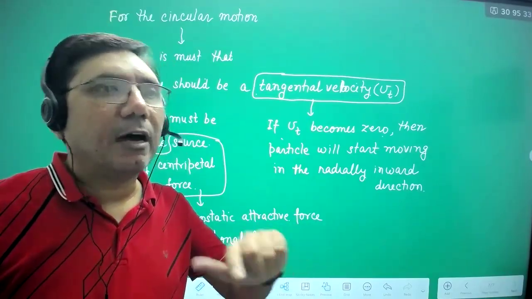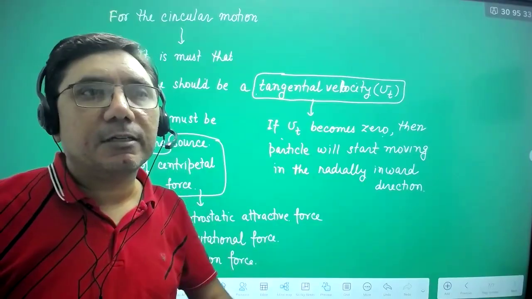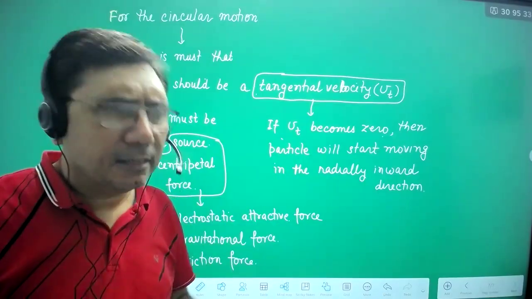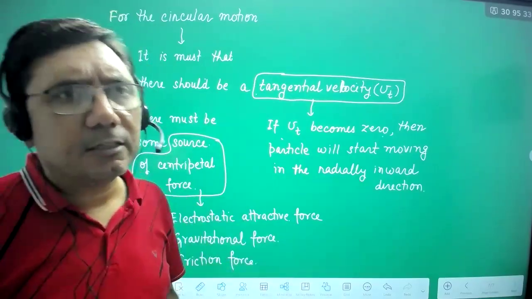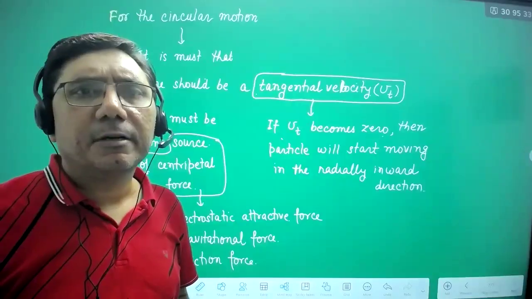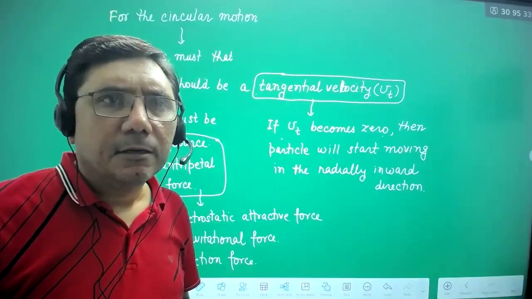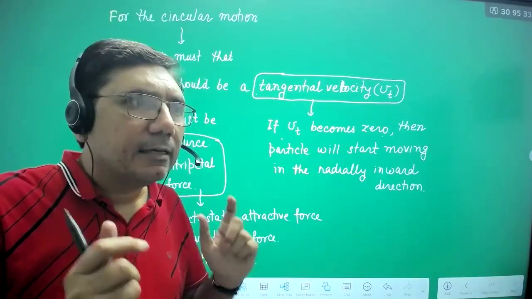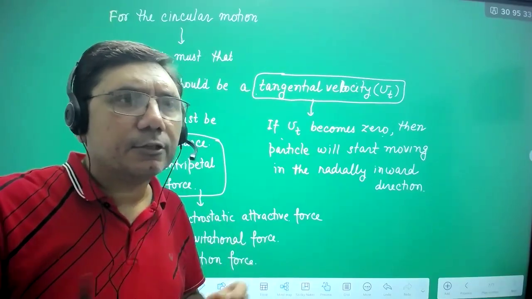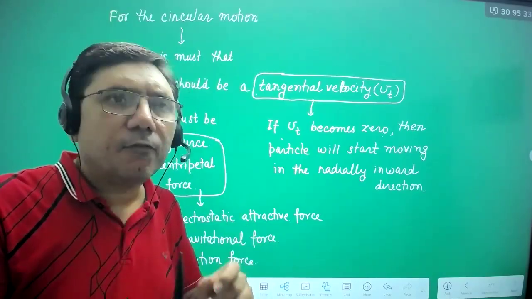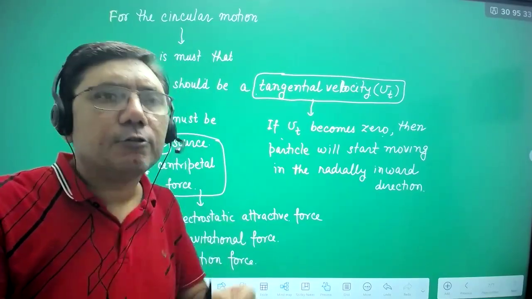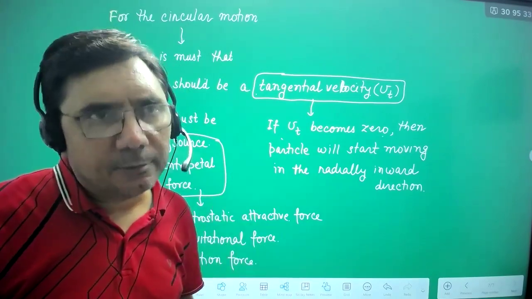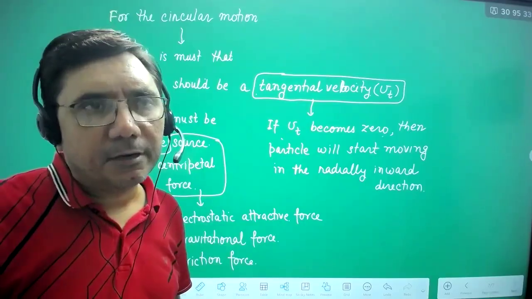But if you are talking about larger bodies like astronomical bodies, suppose Earth is revolving in a circular orbit, it's not, but suppose it is, then the masses involved are so huge that this Gmm upon R square gravitational force has the ability to act as a source of the centripetal force. So it depends upon the mass.